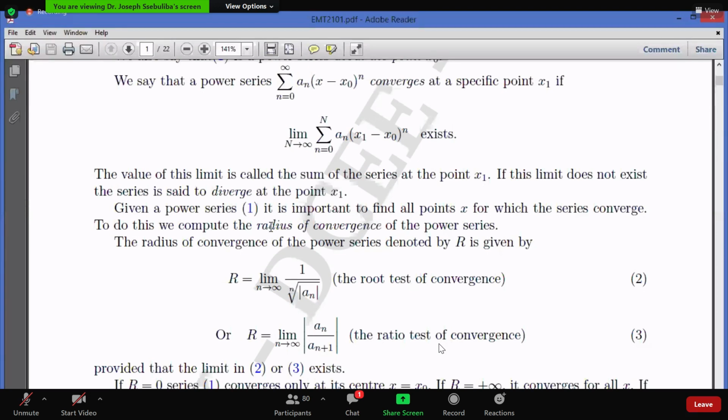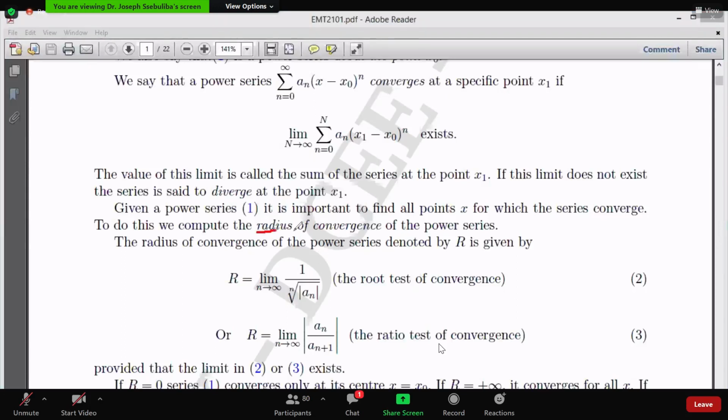It is done by computing what we call the radius of convergence of the power series. How is that radius computed? There are two ways. One, the radius of convergence, denoted R, is given by the root test for convergence.